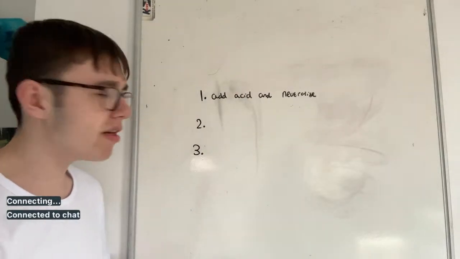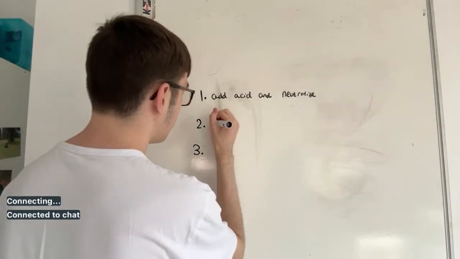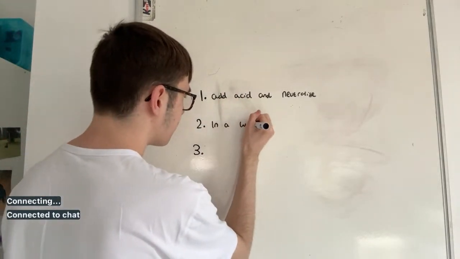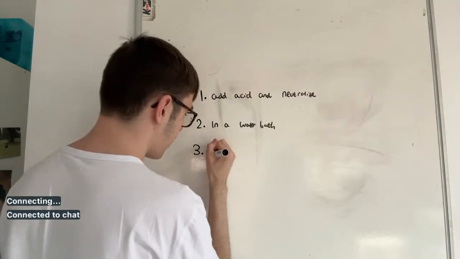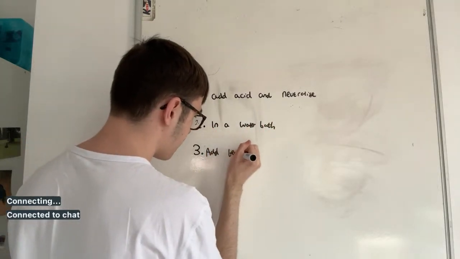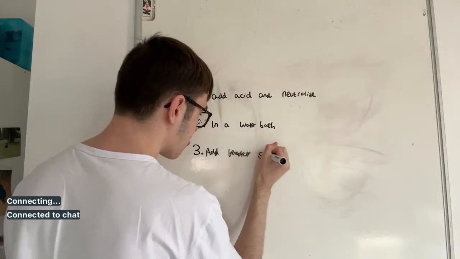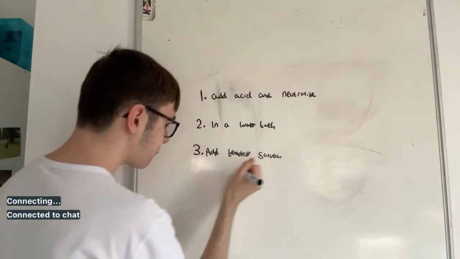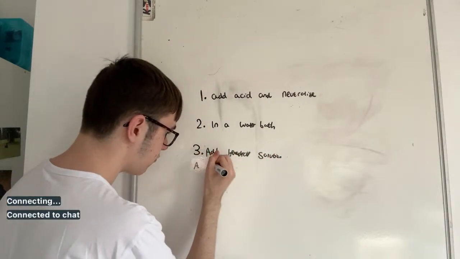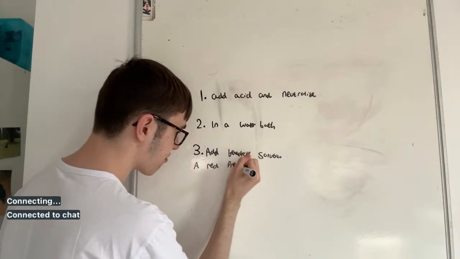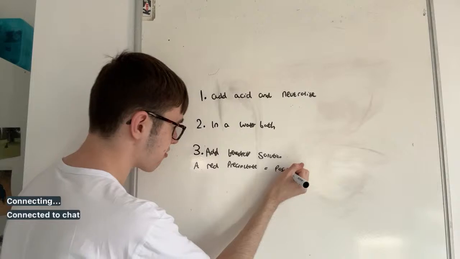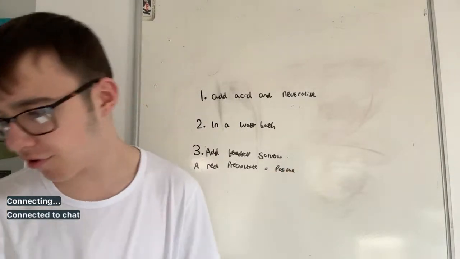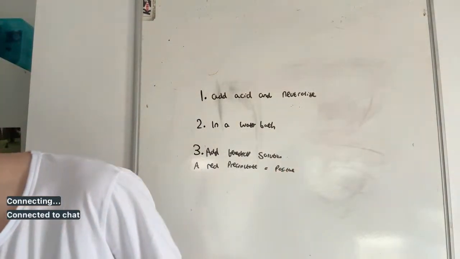Honestly, okay, hold on. I say this is easy. In a water bath. And a positive result: add Benedict's solution. A red precipitate indicates a positive result. I just want to make sure I got the wording right there.